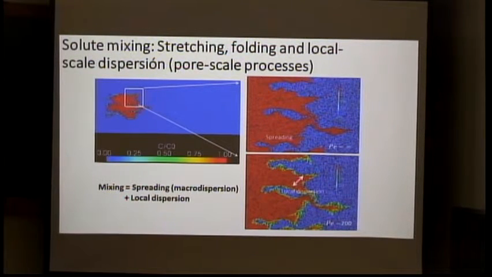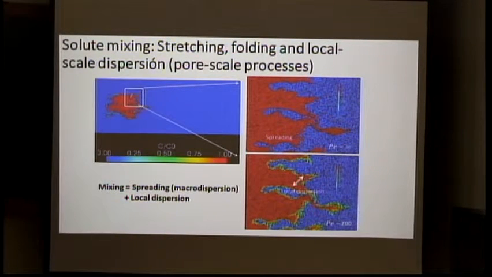Just a little bit of introduction. When we talk about solute mixing, and here I'm talking not about the pore scale but the Darcy scale, when we have a solute plume, in stochastic hydrogeology we usually think that heterogeneities generate these kinds of random interfaces.